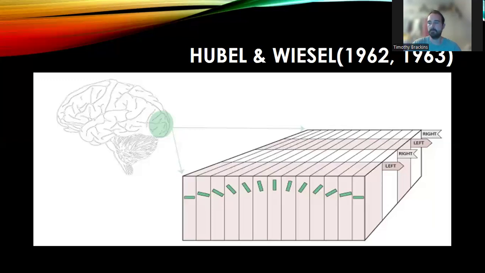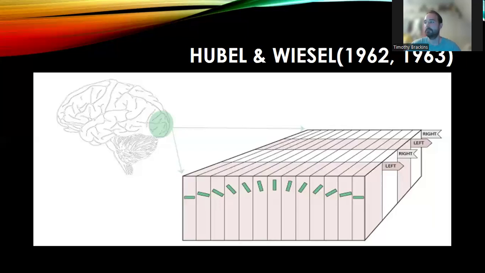We won't worry about this too much for quiz purposes. We'll walk through it, but don't worry about the fine details here for test purposes. But the green bars here represent the different orientations of lines or edges that individual neurons, which we will call here simple cells, respond to.